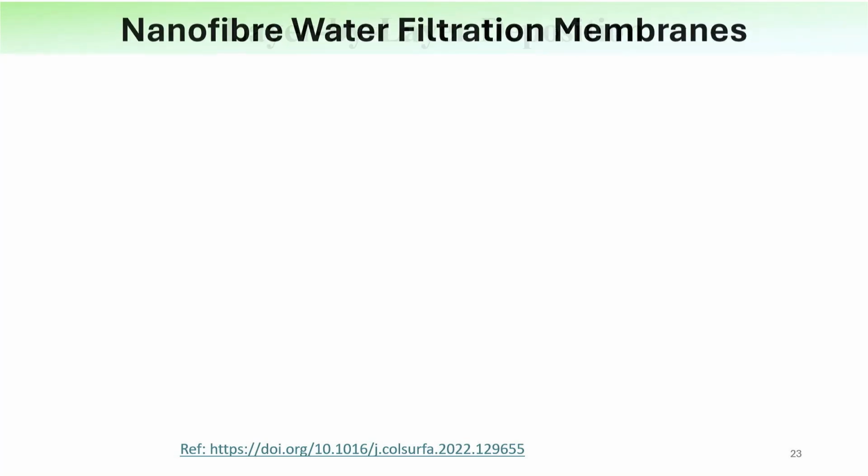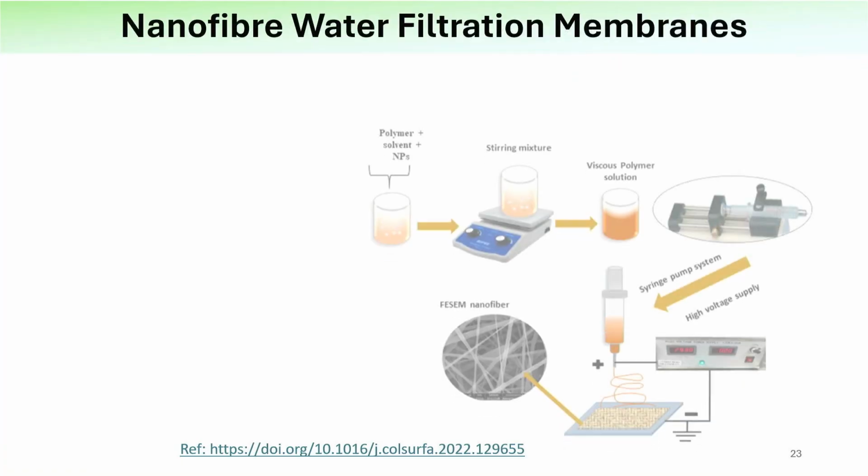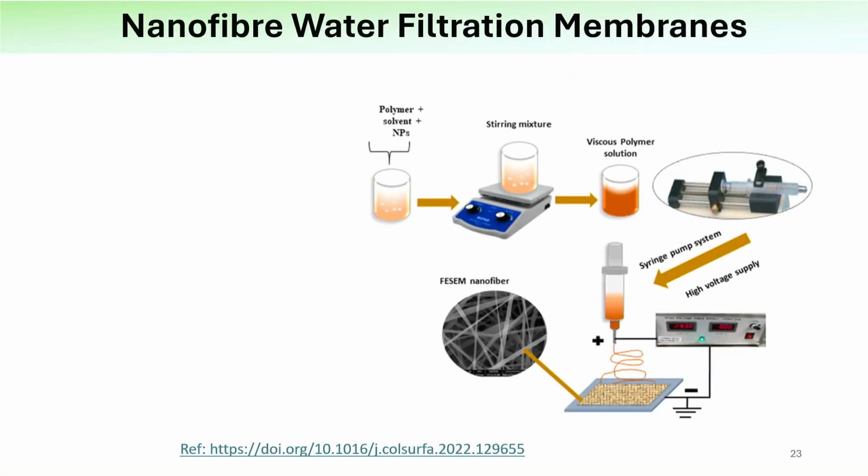And next is the layer by layer deposition of nanomembrane. So, a nanofiber water filtration membrane we can use, by the layer by layer deposition. So, here we can see polymer we use, then solvent and nanoparticles.